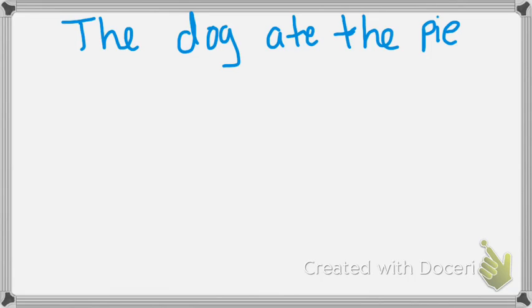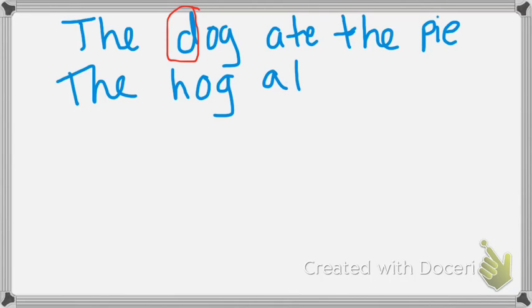So this is going to be important because if we have mutations, it can change and affect the way the ribosome is actually reading our mRNA message. So we'll start with the sentence, the dog ate the pie, as our original sentence. But what happens if this D gets substituted for an H? Now our sentence reads, the hog ate the pie.